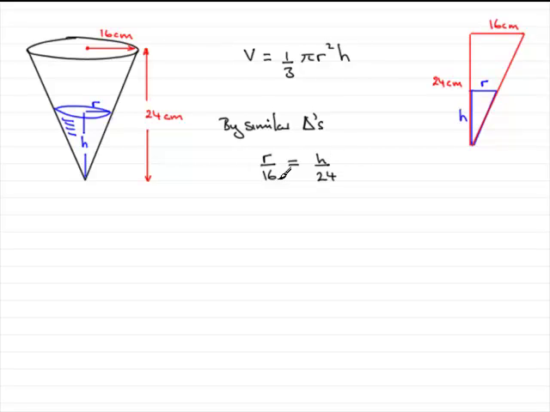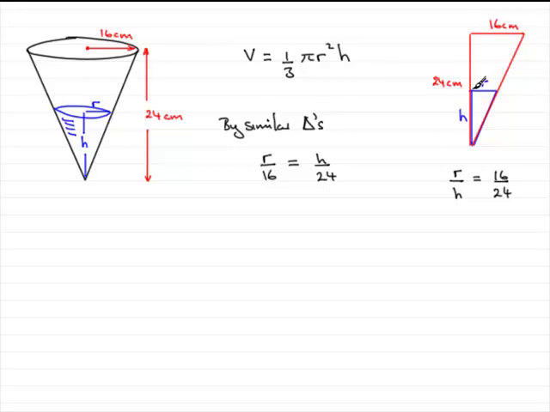There are many things that you could do. You could compare, say, r with the h. You could go r compared with h is exactly the same as 16 compared with 24. As long as you keep the comparisons the same.